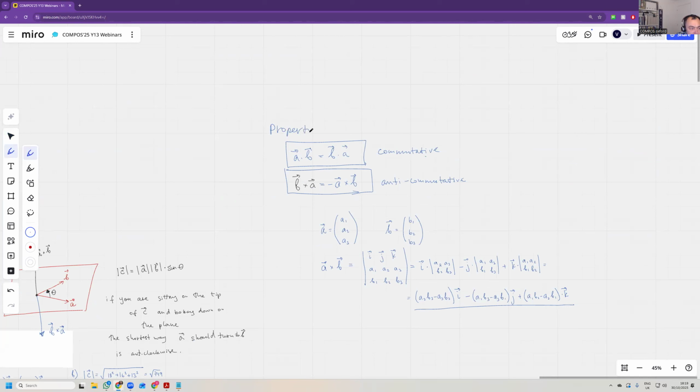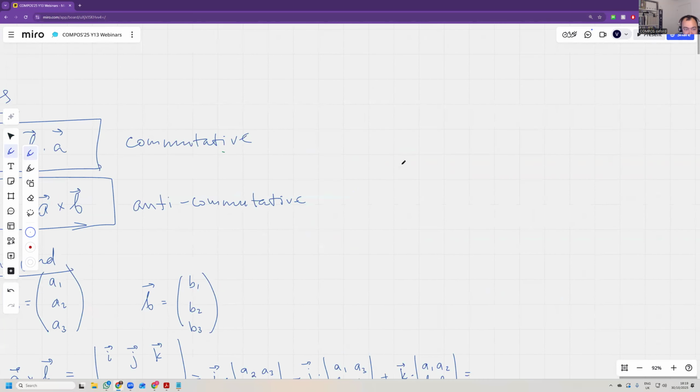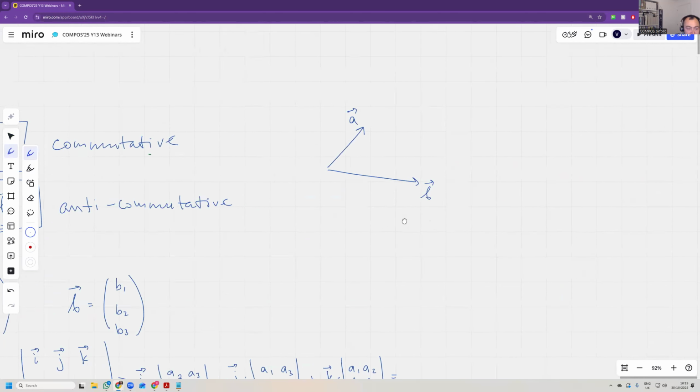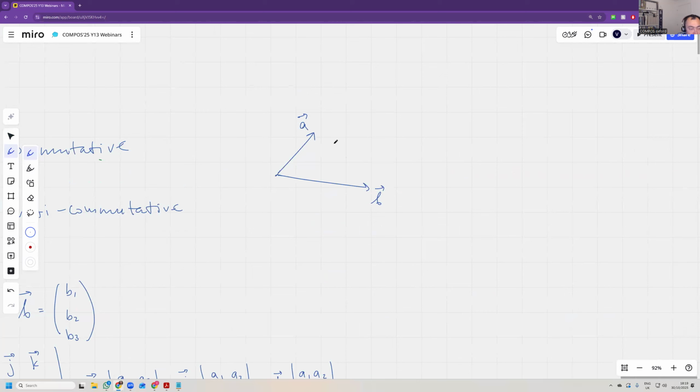And then another property: if you take vector A and vector B, then the modulus of the cross product A cross B is equal to the area of the parallelogram drawn.